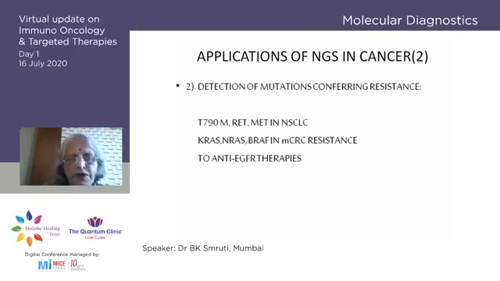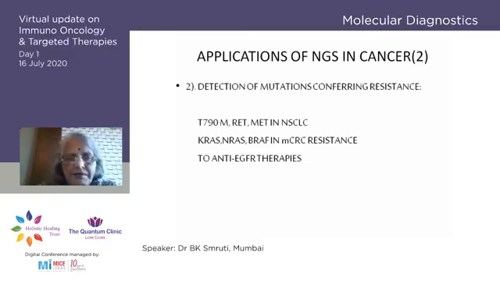Then of course you have the RET mutation, the MET mutations in non-small cell lung cancer. Then you have the KRAS, NRAS and BRAF which confer resistance to the anti-EGFR therapies.